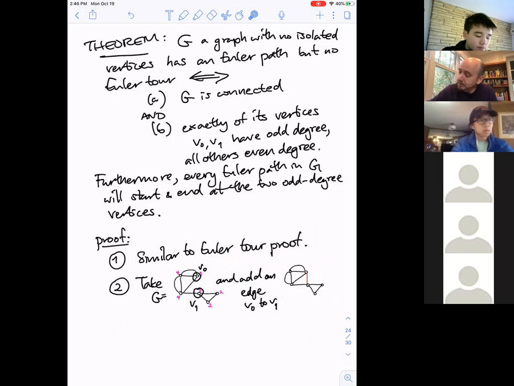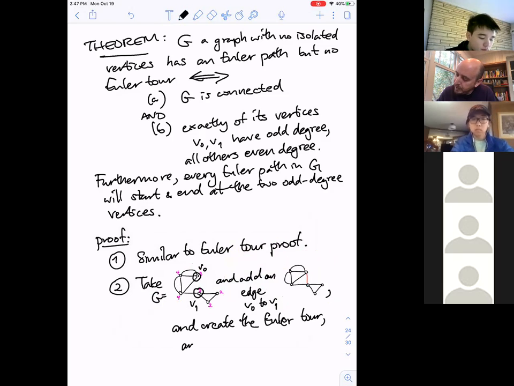But now, create the Euler tour here. And remove the extra edge to get an Euler path.